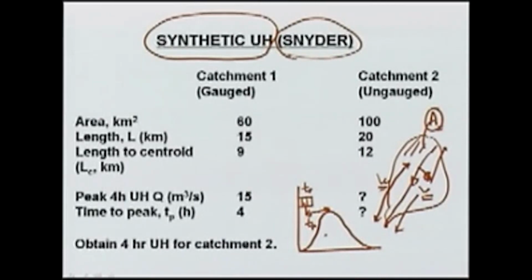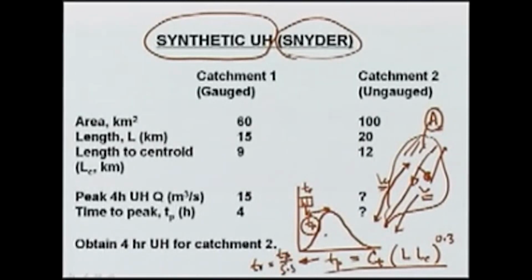So, Snyder related this Tp with the catchment characteristics, and he says that this Tp is standard value, some constant into L LC to the power 0.3, and for this standard lag the duration Tr is Tp divided by 5.5.